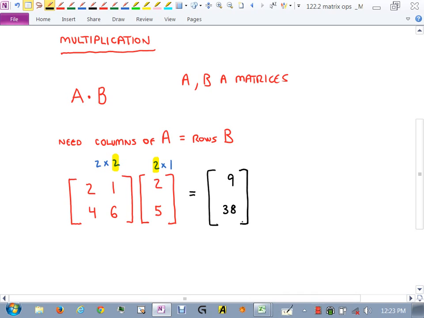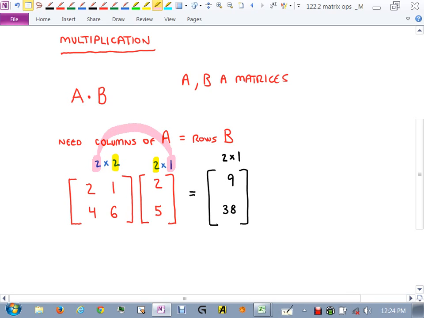Okay, so let's just notice, first of all, if I'm trying to multiply two matrices, I have to have the columns here match the rows here, which it did, right? And according to the calculator, my answer is going to be a what? What's the dimension of this answer? 2 by 1. Well, guess where that 2 by 1 comes from?